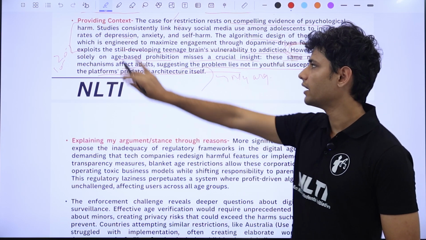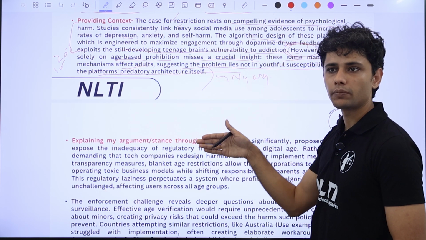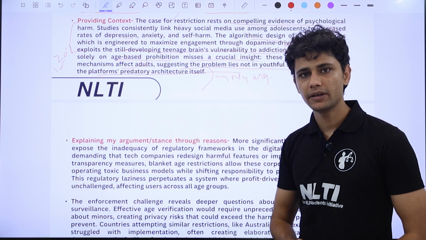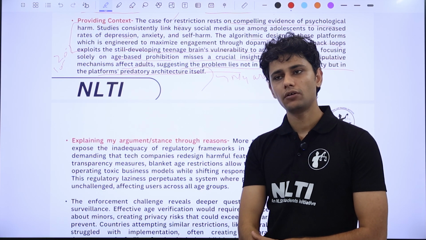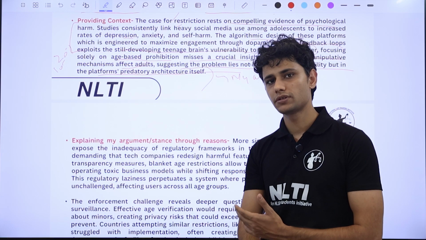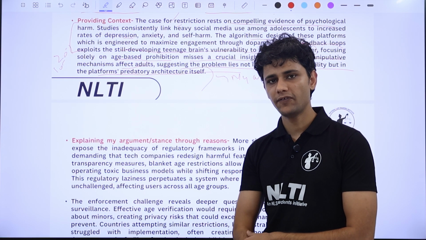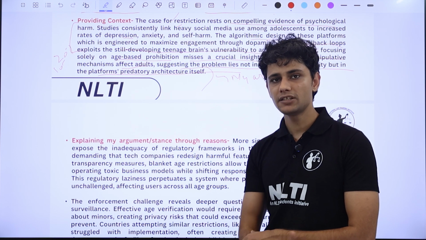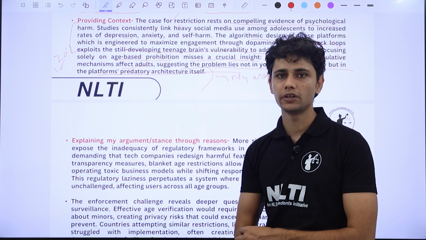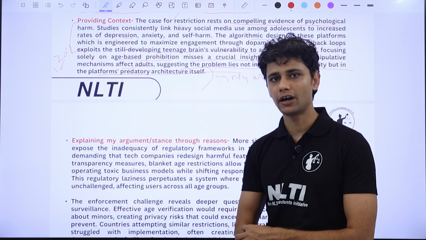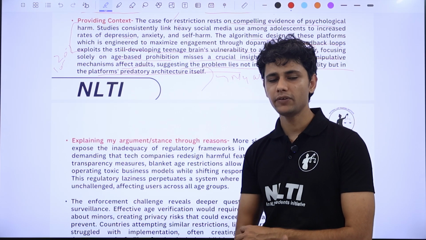So over here, I have considered different viewpoints, but then I'll revert to what my own statement of claim is. And in this case, my claim is that while these things exist with social media, all the issues relating to mental health and how it affects someone's growth are not exclusive to children and they affect adults as well, because the reason for these effects is not purely our age, but how the social media algorithms are created and how these algorithms affect children, adults, even old people, and everyone alike.